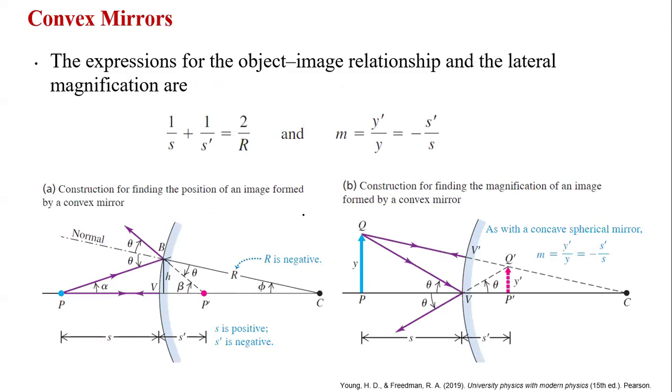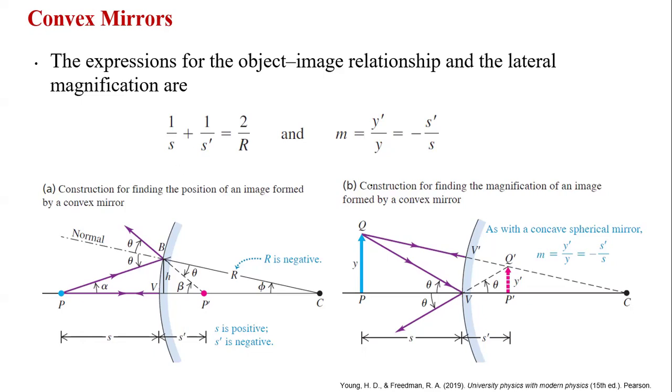In the convex mirrors, we will not derive this one. The object, image, and radius relationship that we derived for a spherical surface also applies in the convex mirrors, such as 1 over s plus 1 over s prime equals 2 over r.